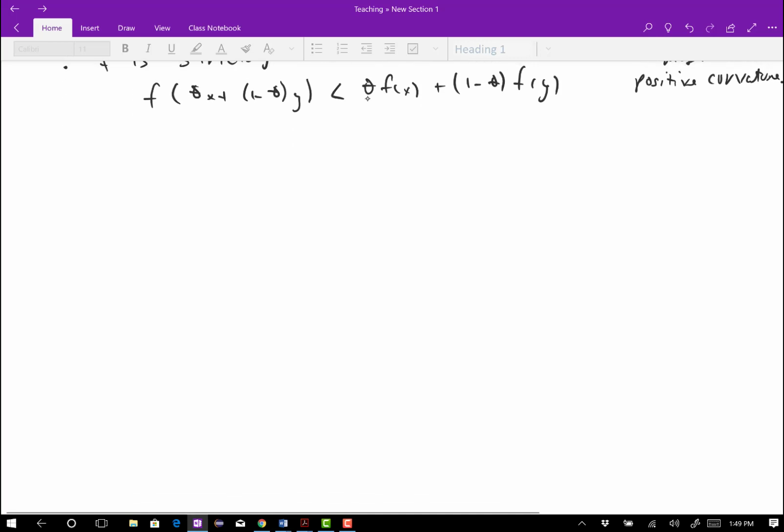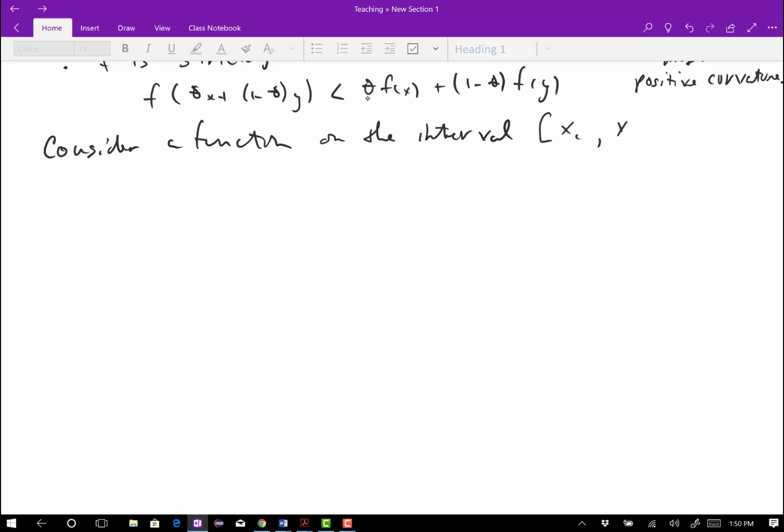Okay, so let's consider a function on an interval defined by the points x1 and x2.